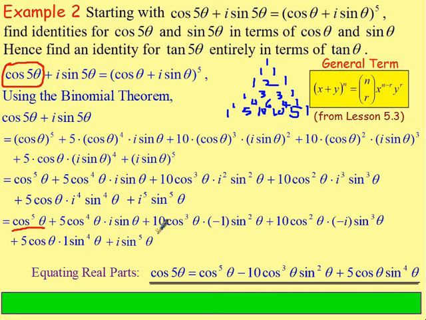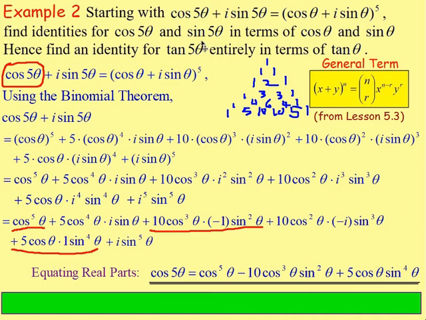This part has an i, so you ignore it. This part doesn't, so that's going to be a real part. This part has an i, so it's going to be imaginary. This part here is real, and this part's imaginary. So all you would do is you would equate the cos 5 theta to the real parts in here. And all I'm doing is moving the negative just to the front. So it's take away 10 and then cos cubed sine squared and so on.